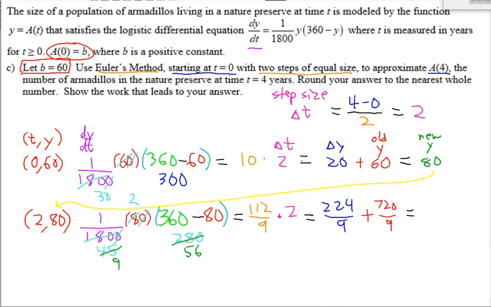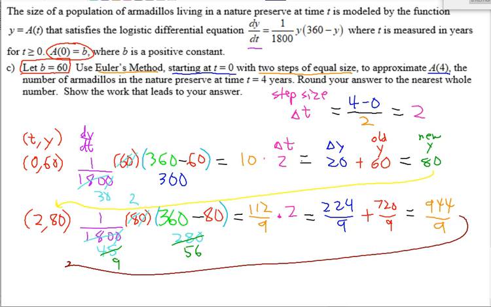Add those together and that gives you 944 ninths. And so that's our second step, and now we're done because that tells you the value is 944 over 9.